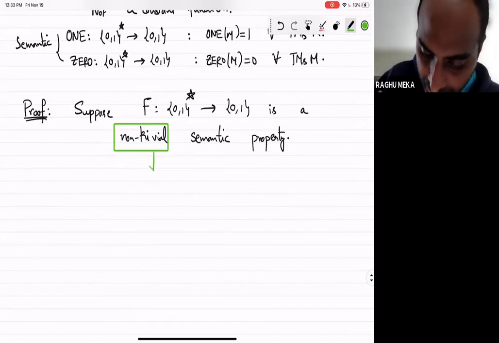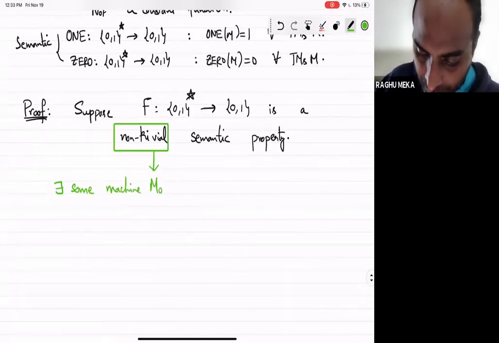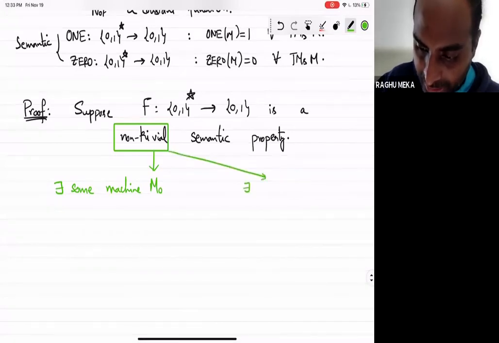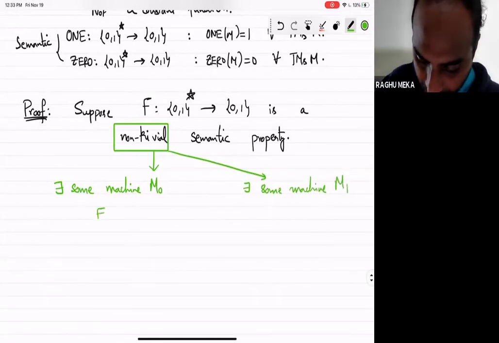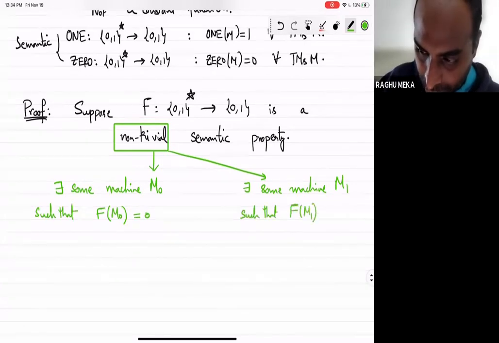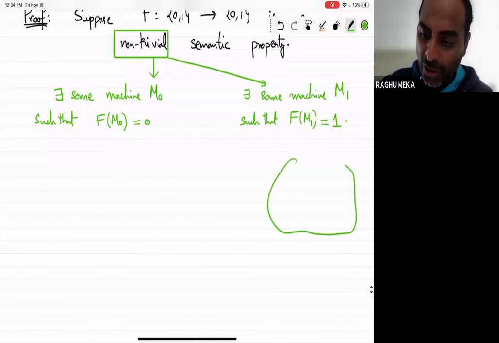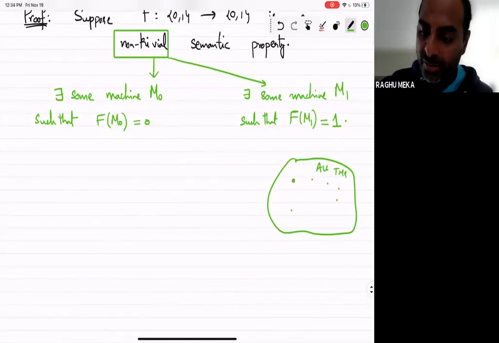Non-trivial means that there exists some machine M0 and there exists some machine M1 such that f of M0 is 0 and f of M1 is 1. Basically, you have your space of all programs, all Turing machines, and f is saying this machine is a 0, this machine is a 1, and so on.